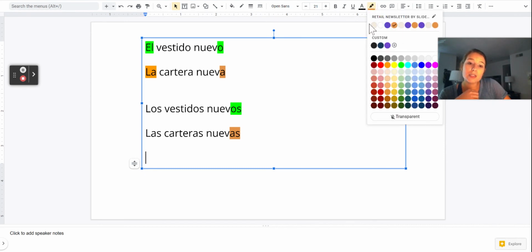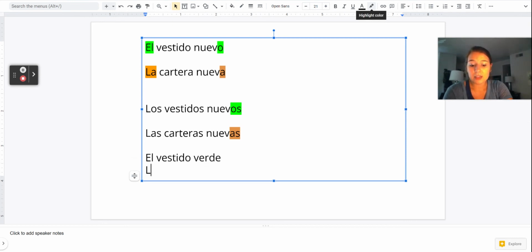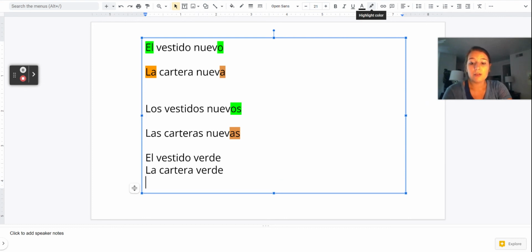Now, there are other words that don't end in an O or have an A in parentheses next to it, right? And these are just gender neutral, which means that they work for masculine words or feminine words. So if you wanted to say el vestido, and we're going to be talking about the green dress, el vestido verde, right? And la cartera verde.